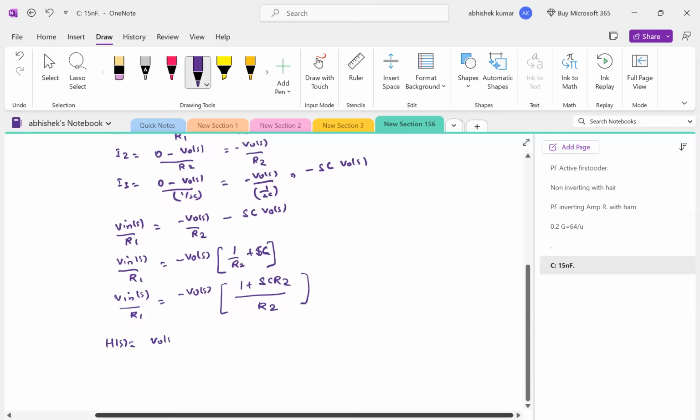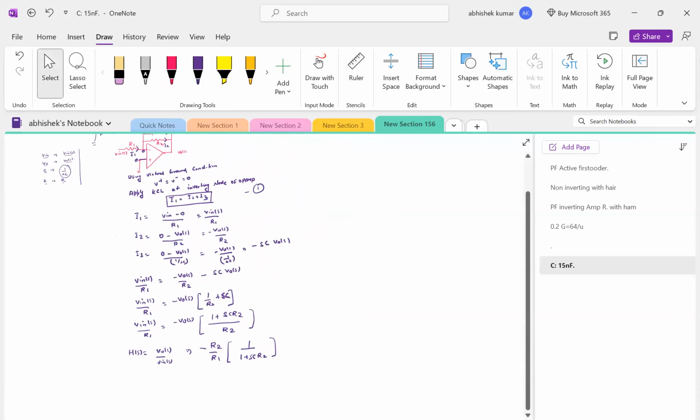HS is V output S divided by V input S. If I manipulate it, it will be minus R2 by R1 into 1 by 1 plus SCR2. Right. This is our part A and this is our gain in the S domain.